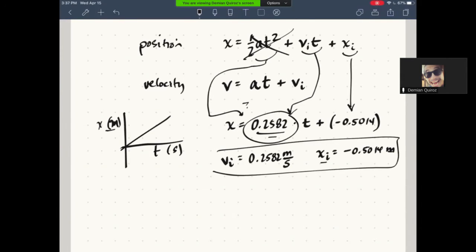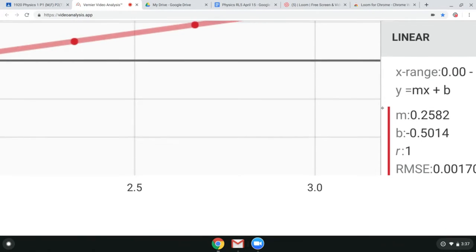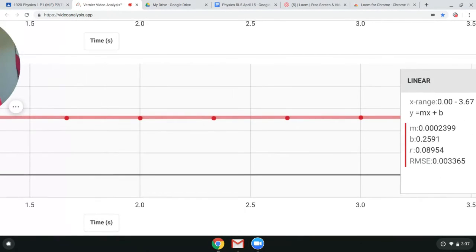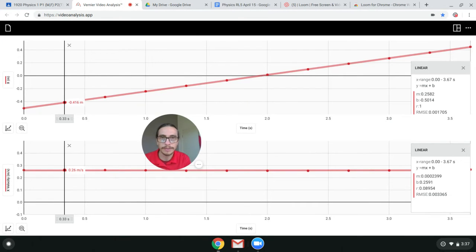Oh, let's look at the velocity time graph really quick. All right, I'm saying right now that the acceleration should be 0 meters per second squared because it's constant velocity. Well, look, the slope of the velocity time graph is the acceleration.